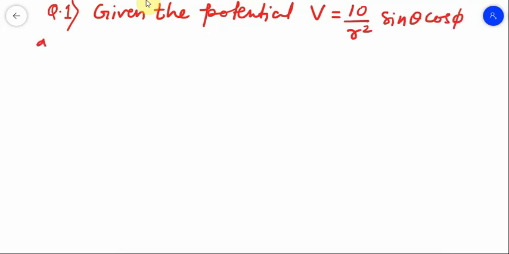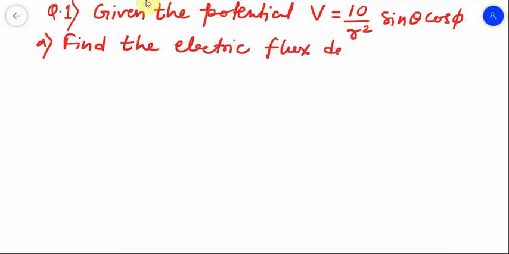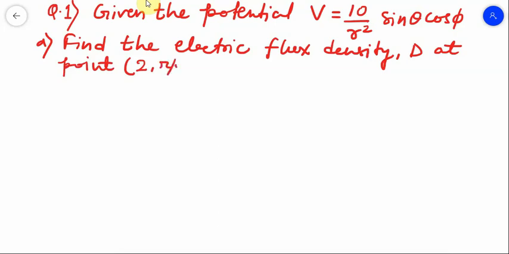Find the electric flux density, which is represented by D, at the point whose coordinates are 2, pi by 2 and 0. This is the question, and we have to find the solution.